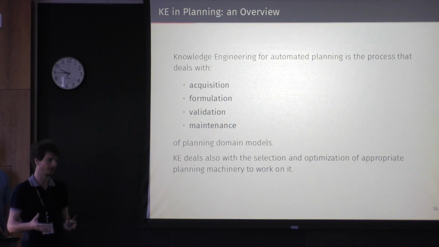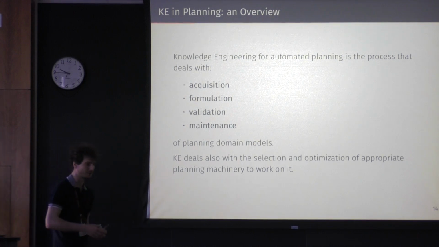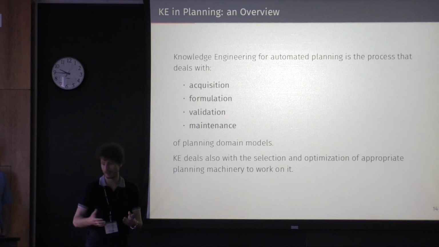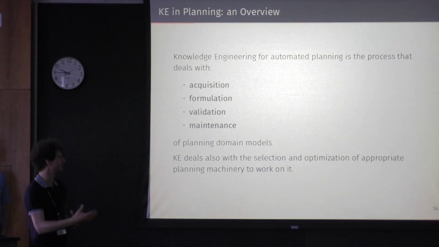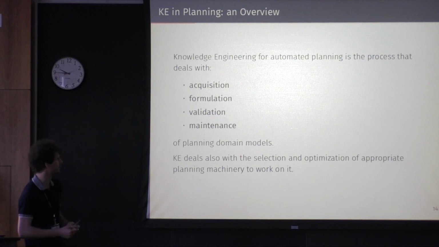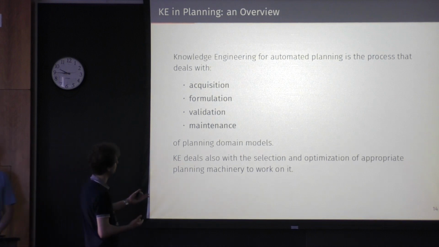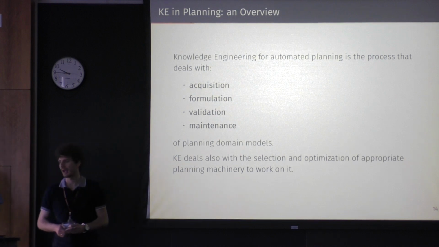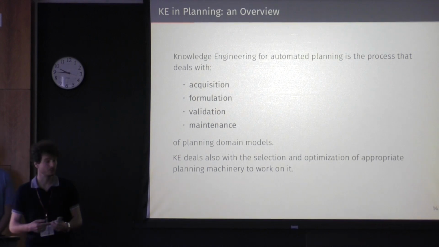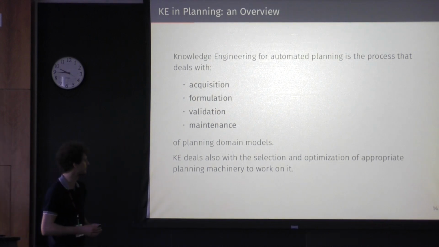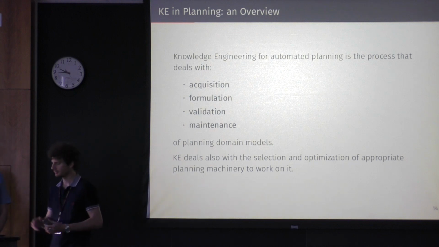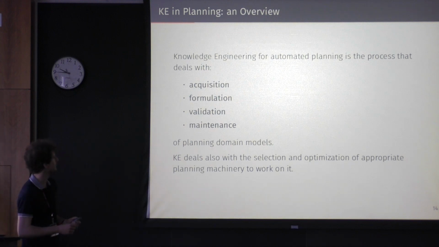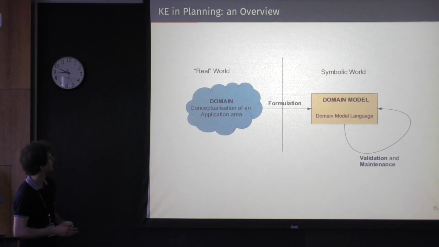After developing your model, which as we have seen before is supposed to be independent from the planners you are going to use, but in fact isn't, you also have to deal with the selection and optimization of planners.